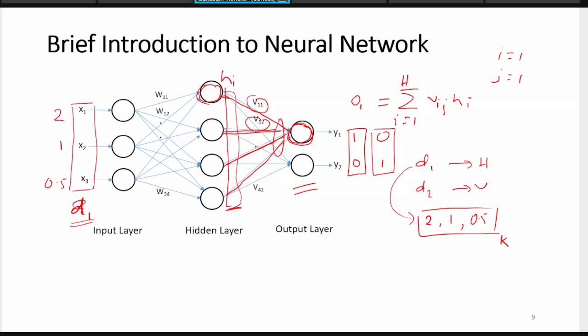Okay. Suppose you have a small data set, small samples. And when you increase the number of hidden layers, you have a huge search space now, right? Your dimension is large.